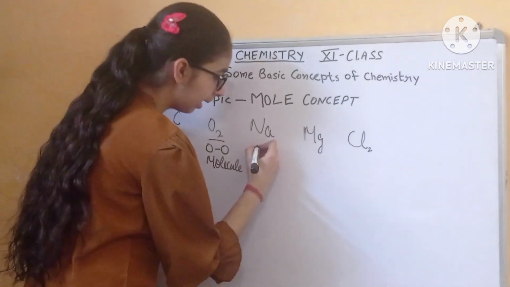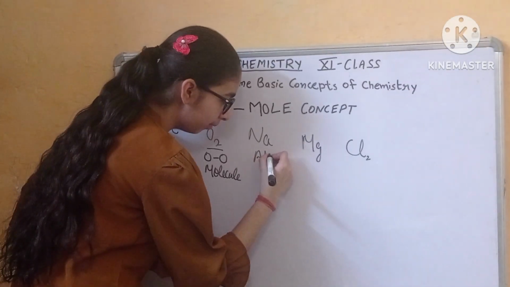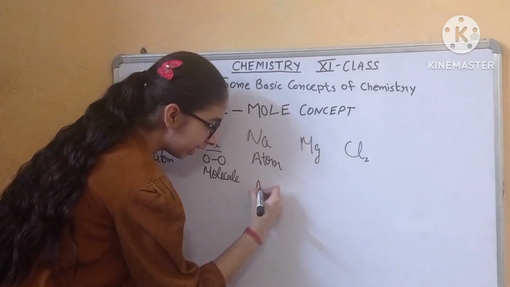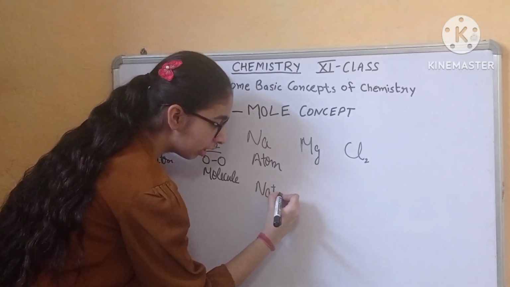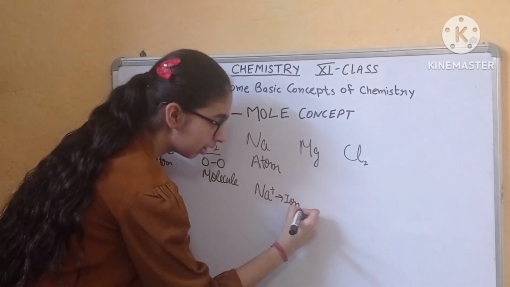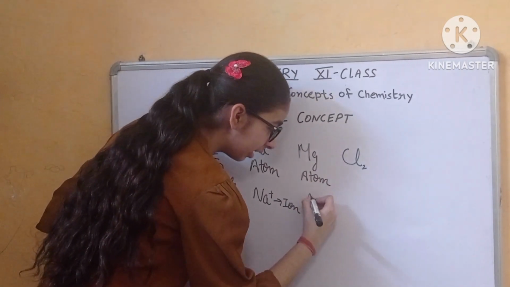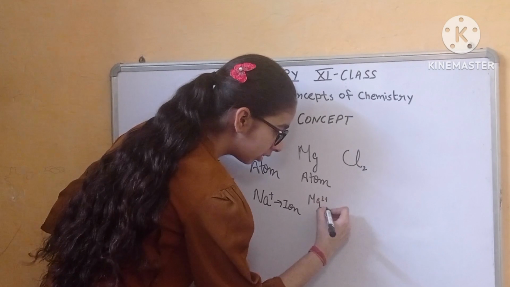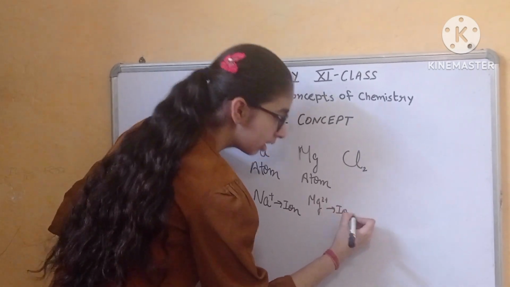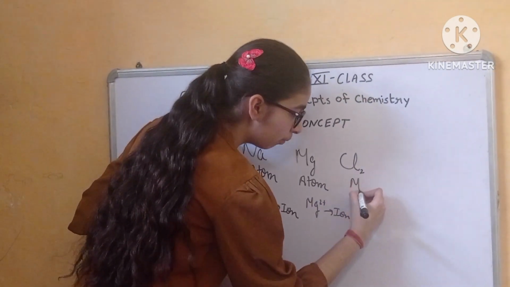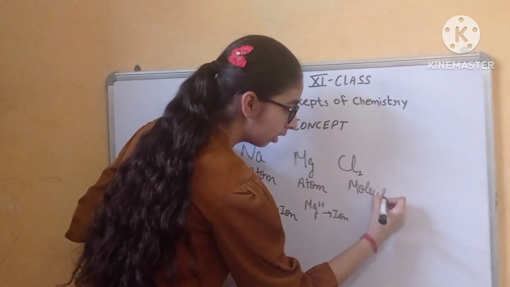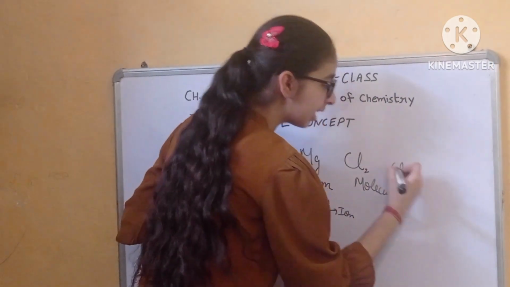Na is also an atom. If Na is present as Na positive, then we call it an ion. Mg is also an atom; if it is present in ion form, Mg is also an ion. Cl2 is also a molecule, as you know that Cl alone can't exist.